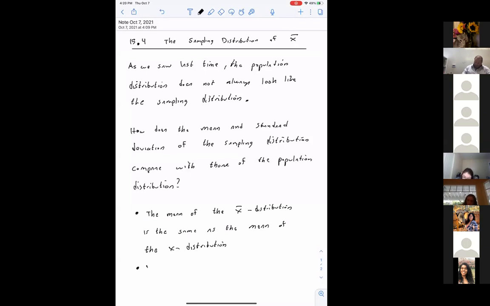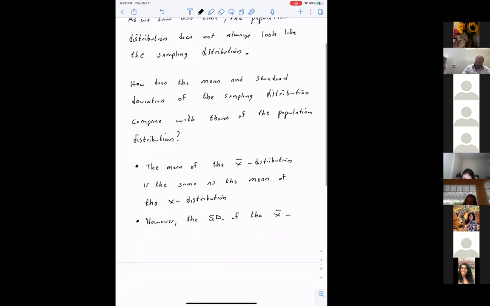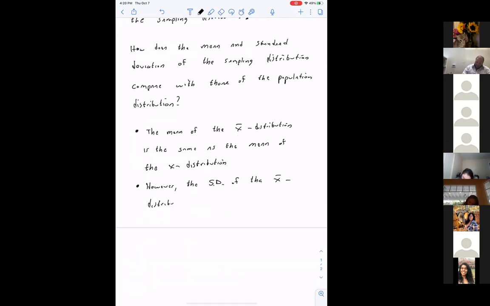However, the standard deviation of the X bar distribution keeps getting smaller as n gets larger. Right? So those are the properties that we saw based upon that applet. Do we agree with that?